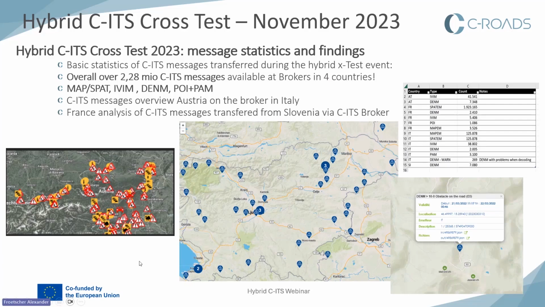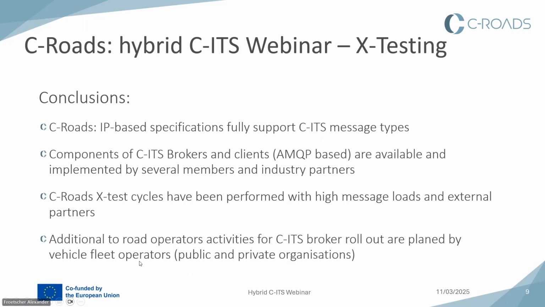Finally, what have we done and what are these message types that are now available? We have our specifications which fully support all the C-ITS message types and distribute them on the long range part of the brokers.